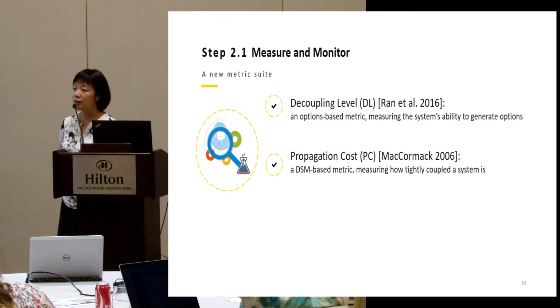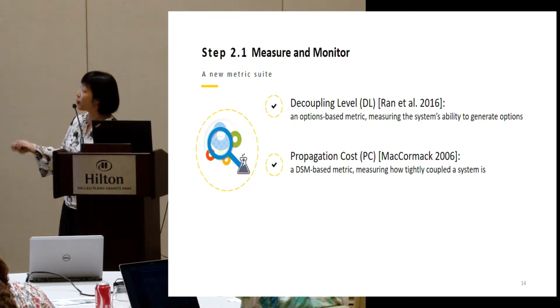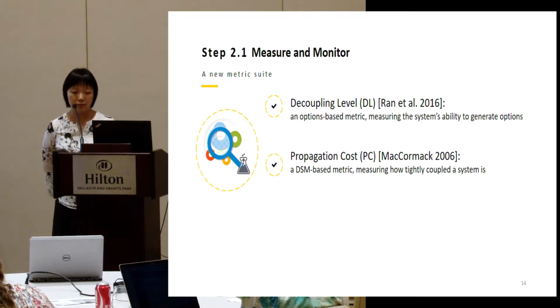Which is complementary to the traditional coupling-based measure. A representative one is propagation cost, proposed by Harvard Business School, Dr. MacCormack, in 2006. Propagation cost measures how tightly coupled your source code is.